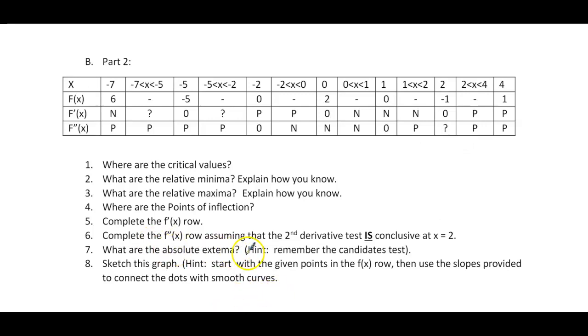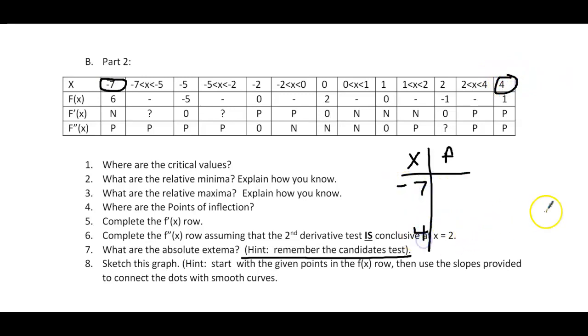What are the absolute extrema? Remember the candidates test. So for the candidates test, we put our endpoints in, -7, 4. And we also put our critical values in there, which we know are here, here, and here, because that's where our derivative was 0. We found that back in number 1.